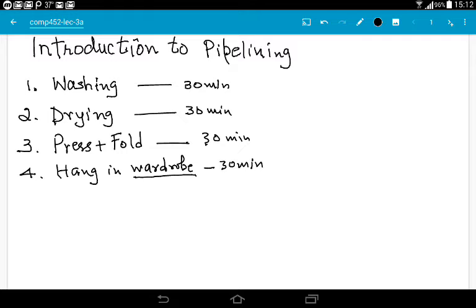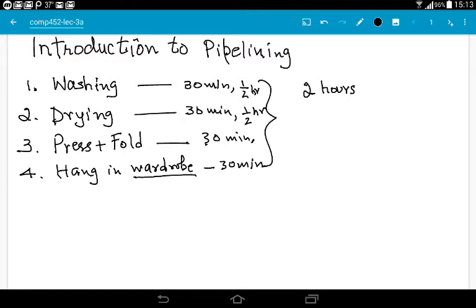So it means completely washing, drying, pressing and hanging one load will take 2 hours. Okay. So each of these takes half an hour, and this is also half an hour, and this is also half an hour.